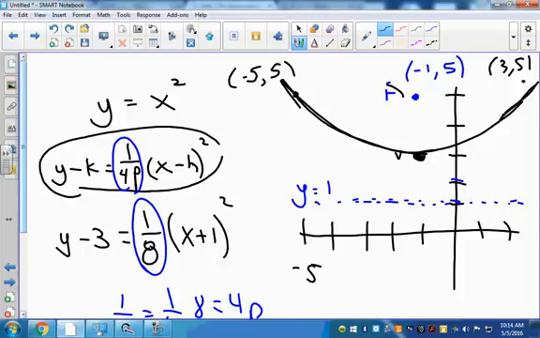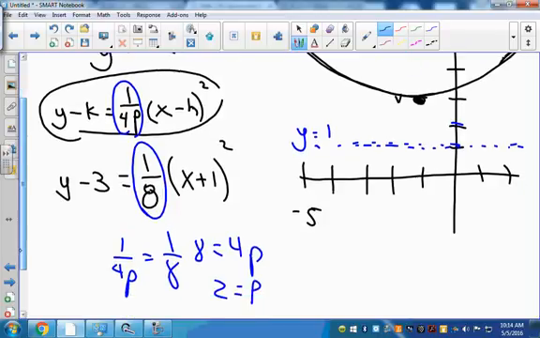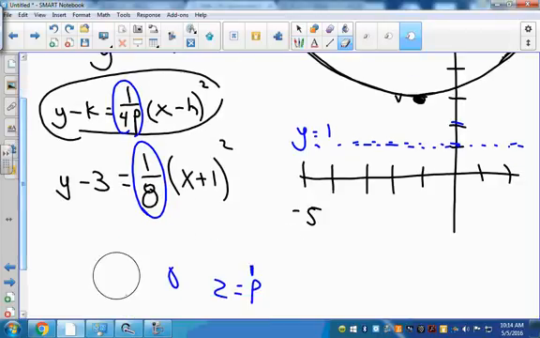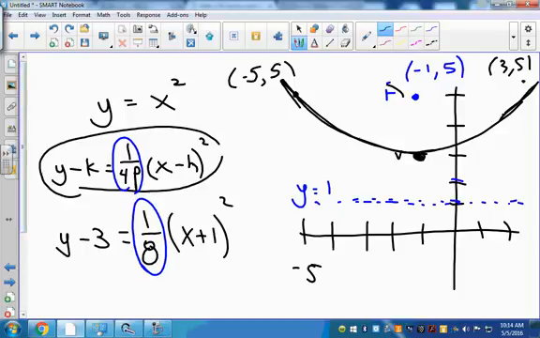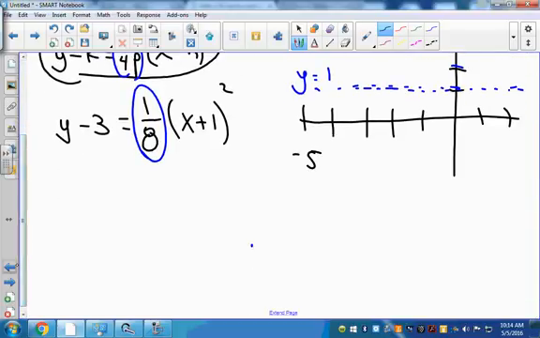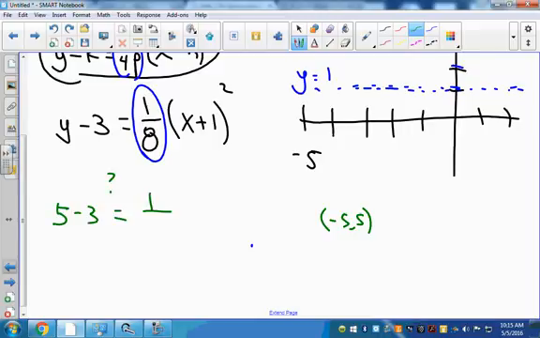Now, by the by, since we have the equation, I could actually verify that this point, -5, 5, works in here. It has to work in the equation. So let's just check to see whether it does. A lot of times you won't have to do this, but it's not a bad idea. I'm claiming the point -5, 5 is on the parabola, so it has to work in the equation. Let's see. 5 minus 3 is supposed to be, question mark, 1/8 of x, which is negative 5 plus 1 quantity squared.